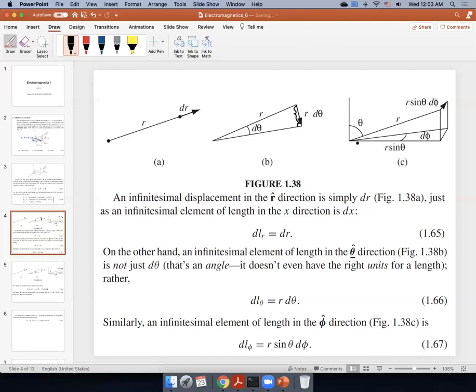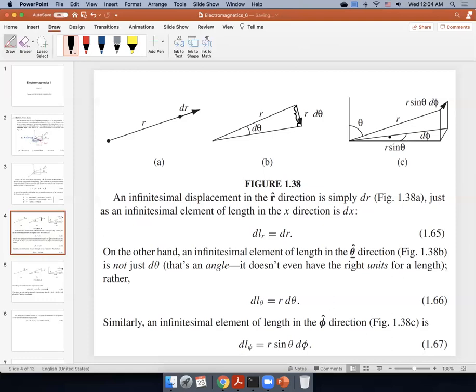The most complicated situation is in the phi direction. Let's say you have the vector here and you have a displacement in the phi direction, which is shown here by this arrow. First we need to know the projection of r on the xy plane.